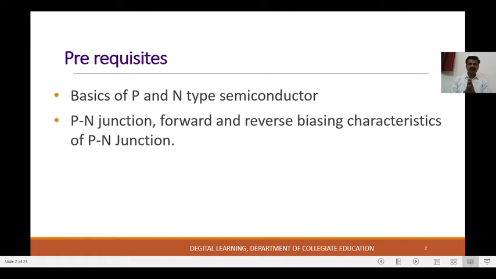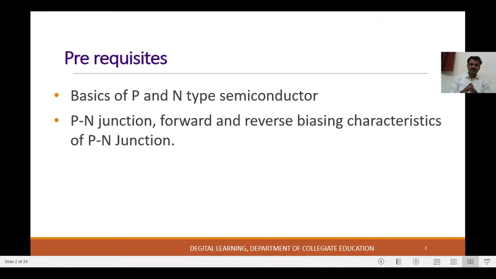This p-n junction can be forward biased or reverse biased depending on the type of connection of a battery to the p-n junction. When the positive of a battery is connected to the p region of a p-n junction, or p-n diode, and the negative of the battery is connected to the n region, the p-n junction is said to be under forward biased condition.